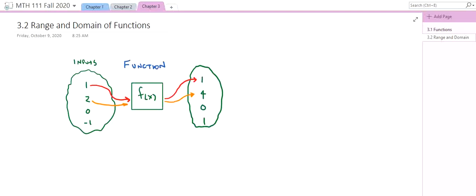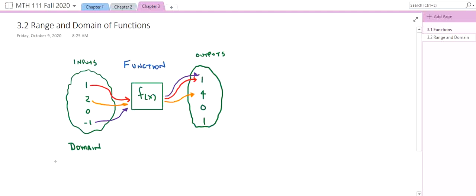Maybe I stick this -1 in, and I end up with the same y answer, but it's just one y answer, so this is behaving like a function. Well, whenever you have a situation like this, we call everything over here in the inputs, we actually don't call it inputs, we call it the domain.